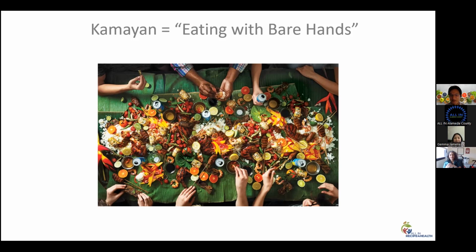And so this is something that I learned about fairly recently, because I had so many patients who were of Filipino descent who told me, oh no, I can't eat my food anymore because Filipino food is just not healthy. And I think that was a stereotype of fried foods or what have you.